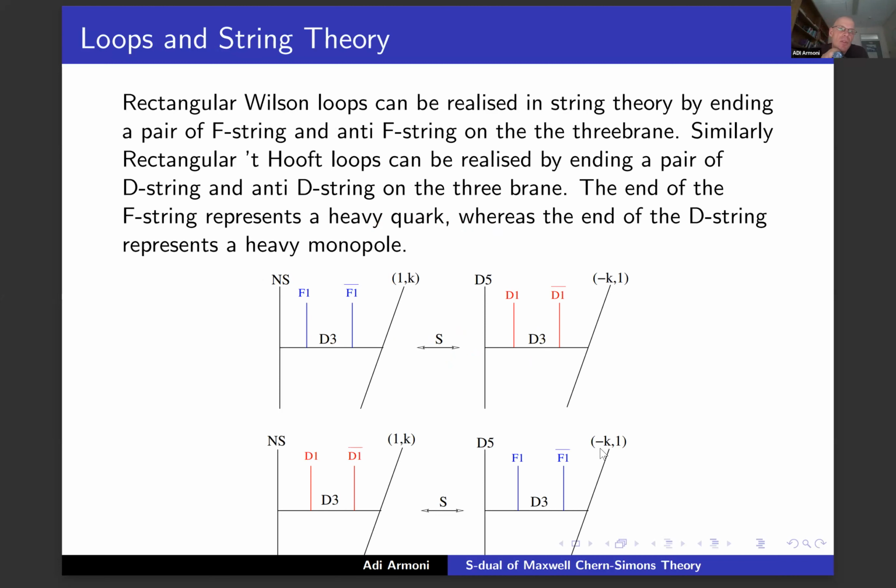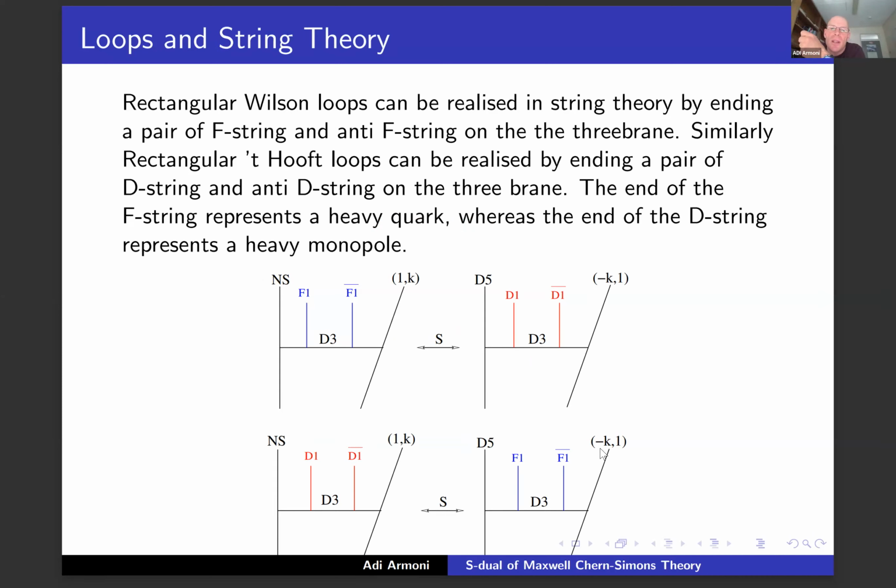What is the relation to string theory? As I said, Wilson loops can be realized by fundamental strings. If we look at this set of cartoons, in the upper left cartoon we see F1 and anti-F1 ending on the D3 brane. We can think about the end of the F1 as a charge.